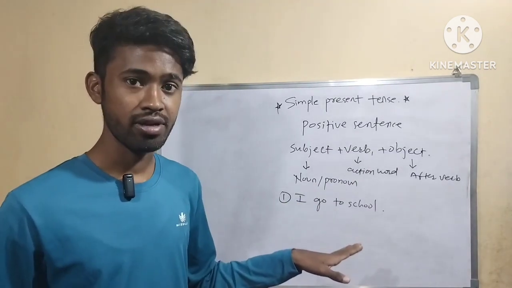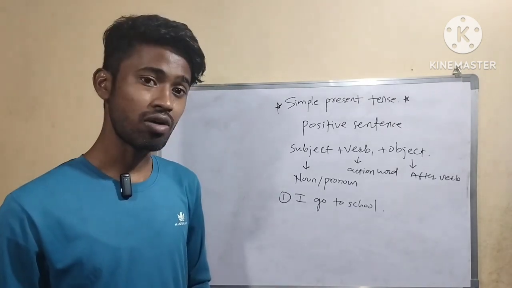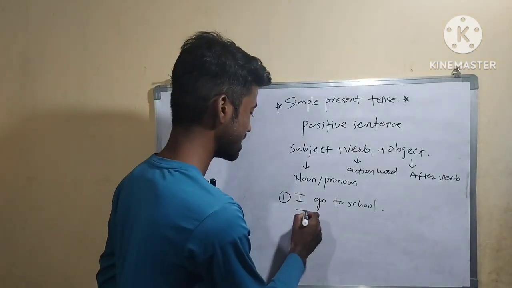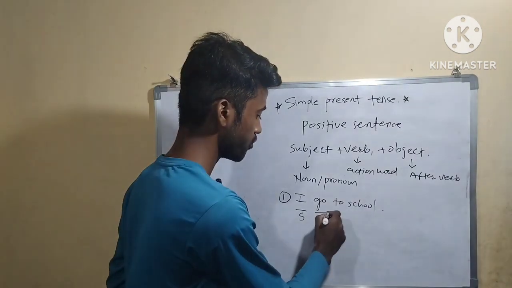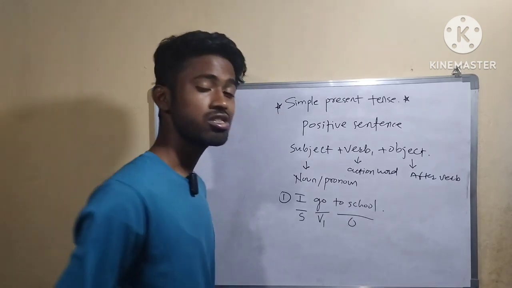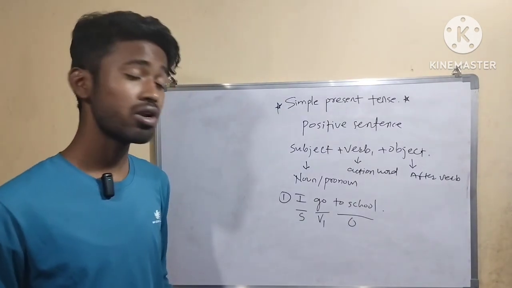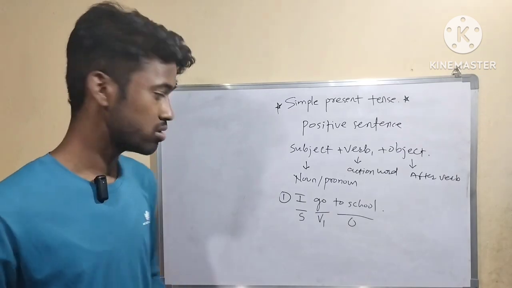So this is the regular activity because you go to school every day, right? So now here I is subject. Go is the first form of verb, and this is object. So this is the structure. This is the first example of simple present tense. I go to school.